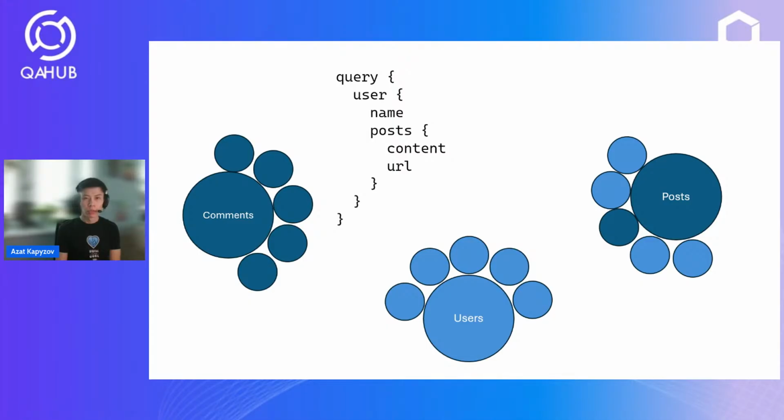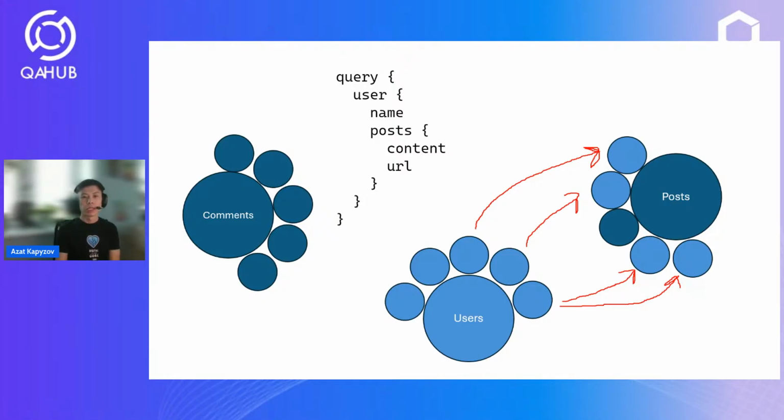What GraphQL is doing, it is taking data from users and also takes data from posts for each of these users. So let's say for this user, we have 2 posts. For this user, we have 1 post, and for this one post. So we don't need to make two queries, two requests to our server, we can do it in one simple query, one request.